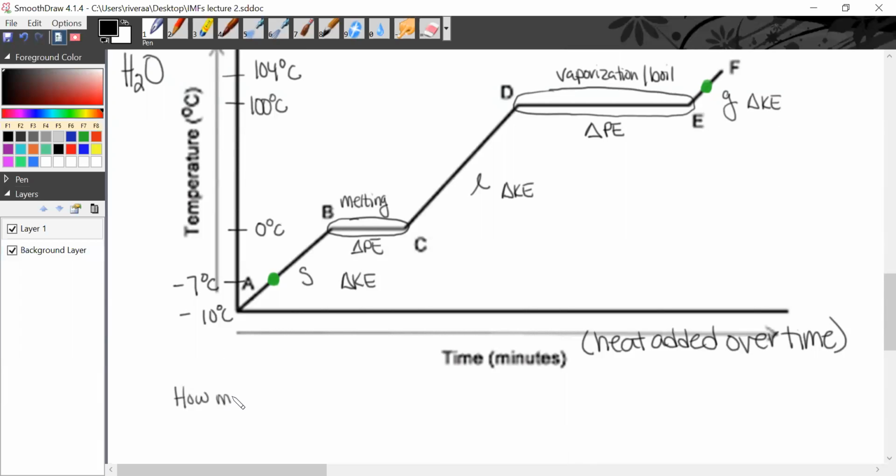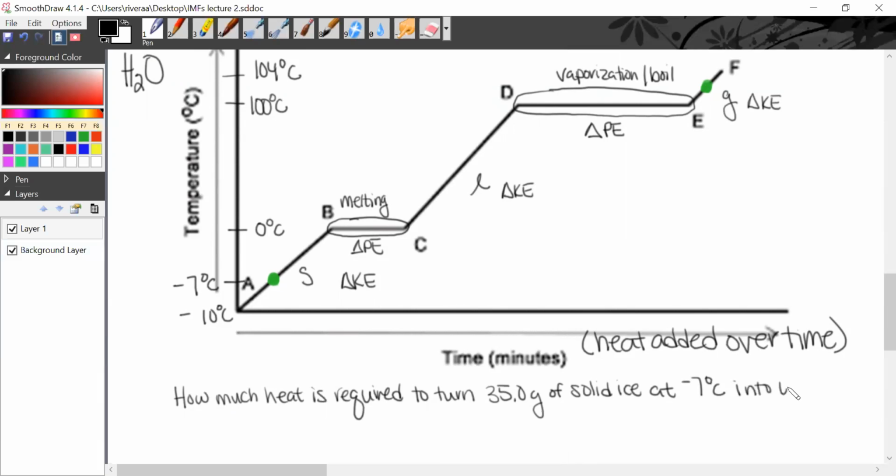How much energy or heat is required to turn 35 grams of solid ice at -7 degrees Celsius into water vapor at 104 degrees Celsius.